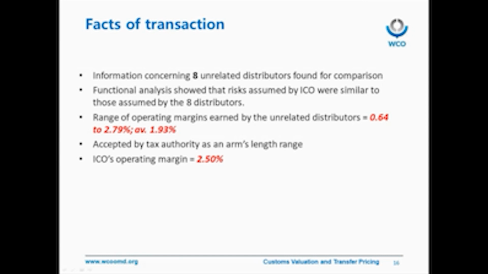And the operating margin of ICO is 2.5%. So this method, TNMM, this TP report has been accepted by tax authorities.